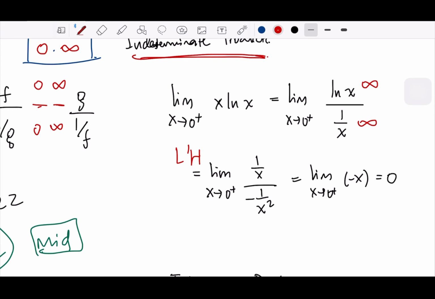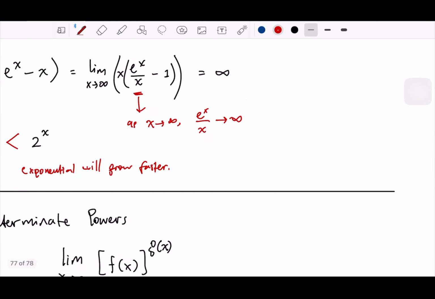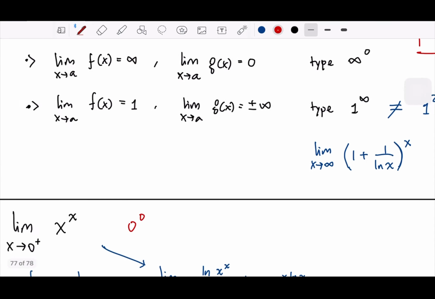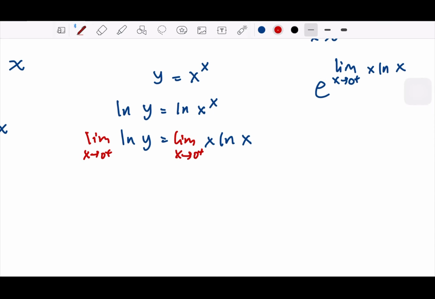0. So we take the form, make it into infinity over infinity, and the result will be 0. But this is ln y, right? Limit of x ln x.